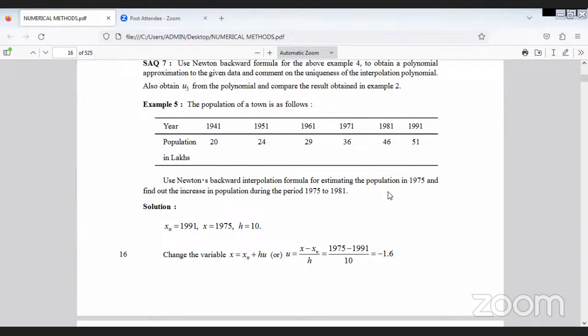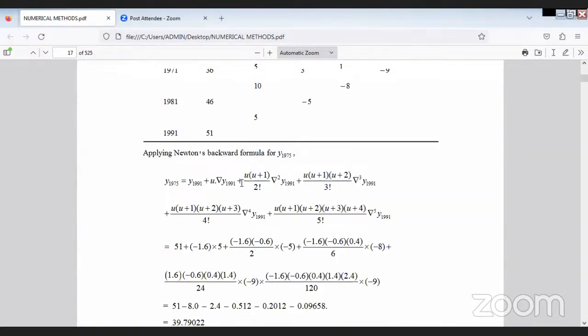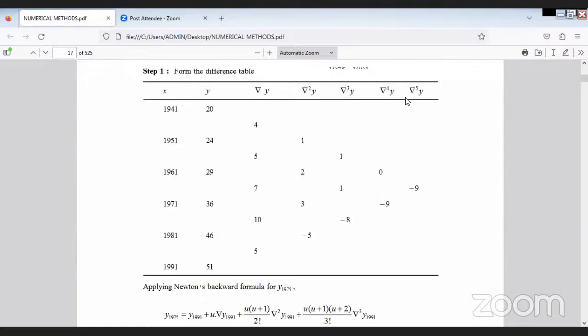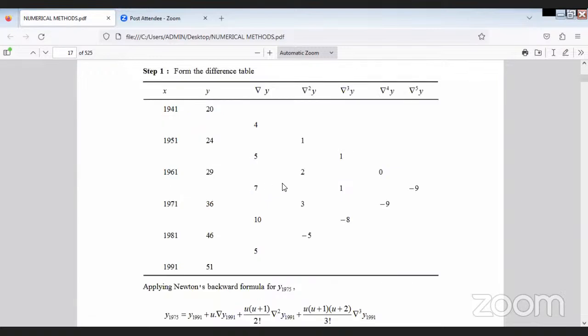We have to find at 1991: y plus u nabla y plus u(u+1)/2 factorial nabla square y plus u(u+1)(u+2)/3 factorial nabla cube y plus u(u+1)(u+2)(u+3)/4 factorial nabla 4 y, up to the condition they have given here. So first, y at 1991, what is that value?